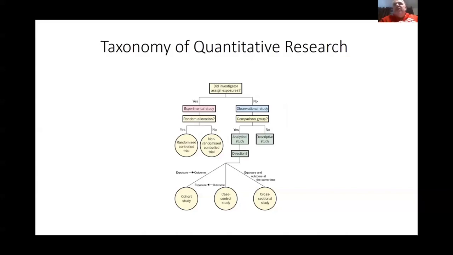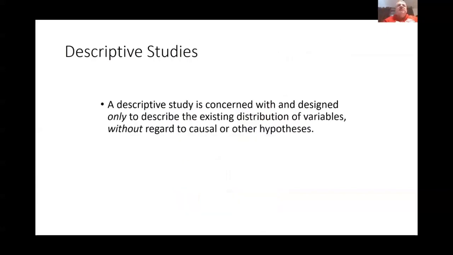Or if it's not randomized, people are collected like consecutive patients presenting to my clinic or my hospital, we call it a non-randomized controlled trial. Clear? Good. We will talk in detail about each of these study designs.